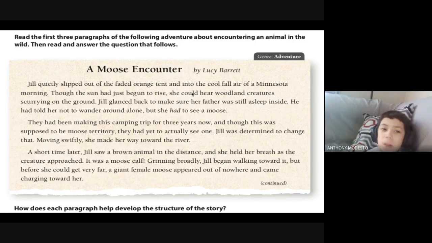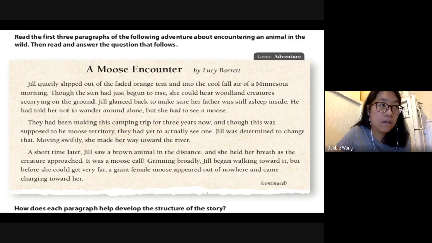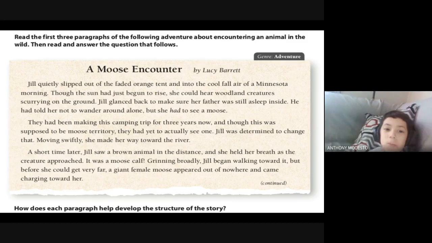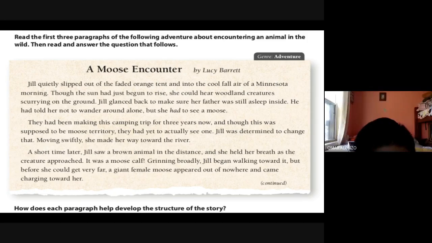They had been making this camping trip for 3 years now, and though this was supposed to be moose territory, they had yet to actually see one. Jill was determined to change that. Moving swiftly, she made her way toward the river. A short time later, Jill saw a brown animal in the distance, and she held her breath as the creature approached.